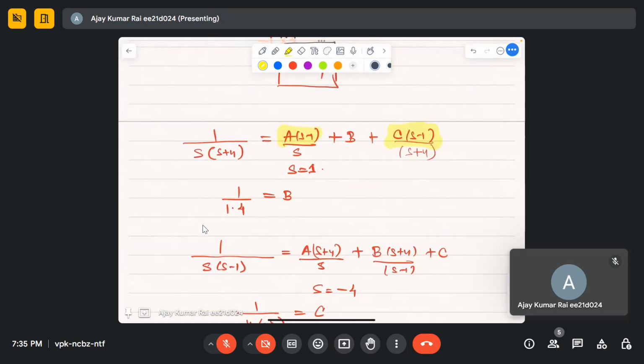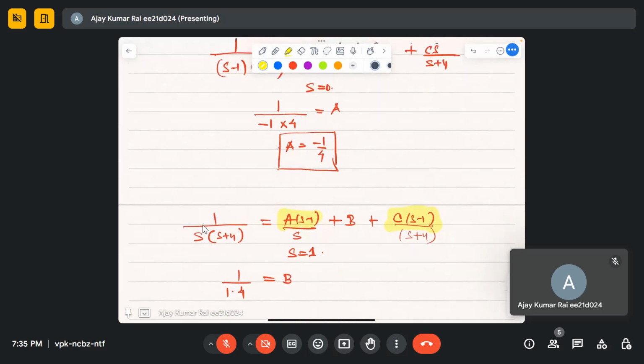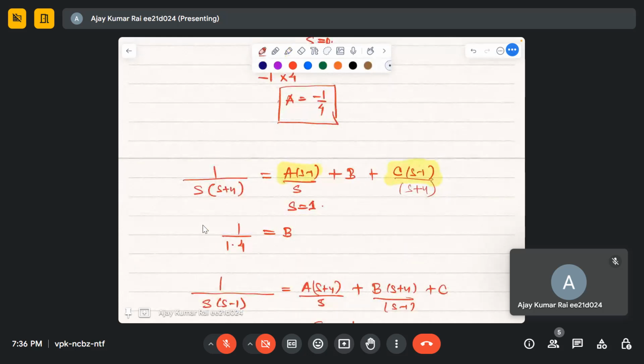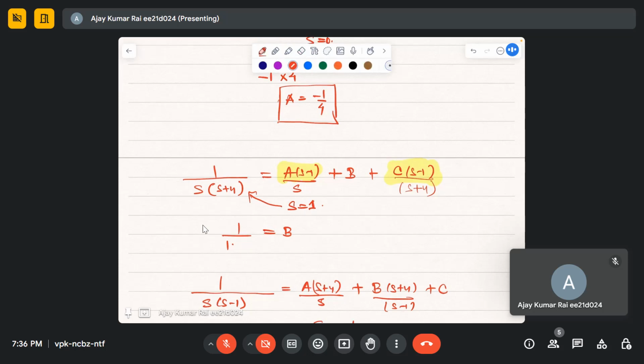The P part, okay. So I'm sorry, in this case S equal to 1. So you have to put S equal to 1 here, okay? So this was 5, right? If I write this, 1 plus 4, which is equal to 5.